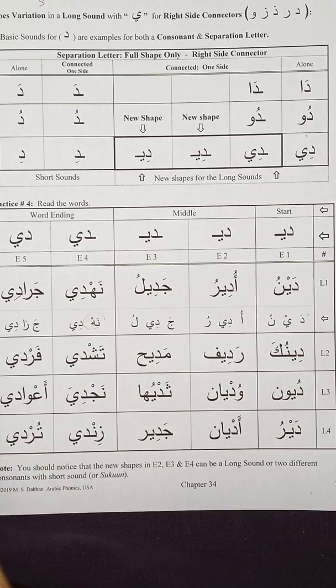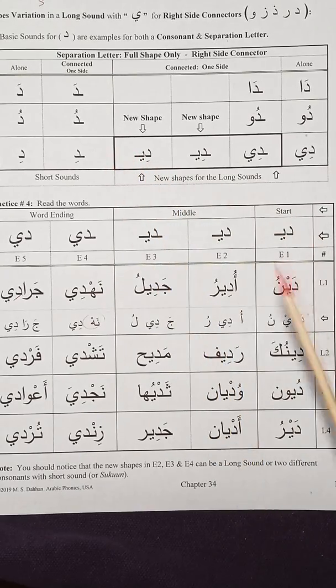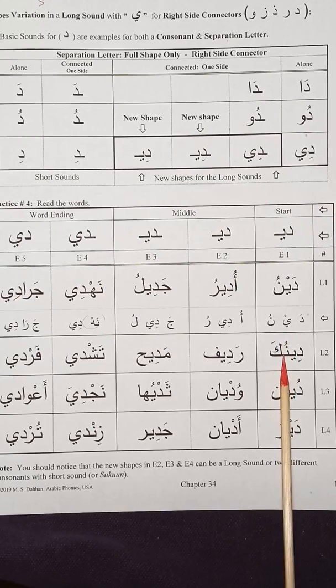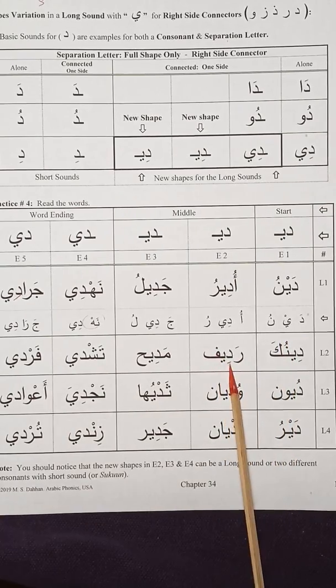Okay, line 2. Here, di, nu, ka. So see the structure here? It is this one, right? Because it's right there, right? So it's a long sound. Di, then nu, ka. Here, ra, dif.